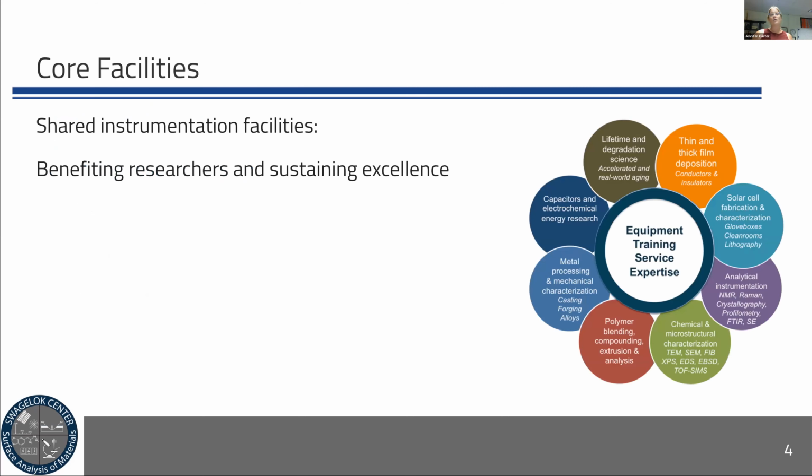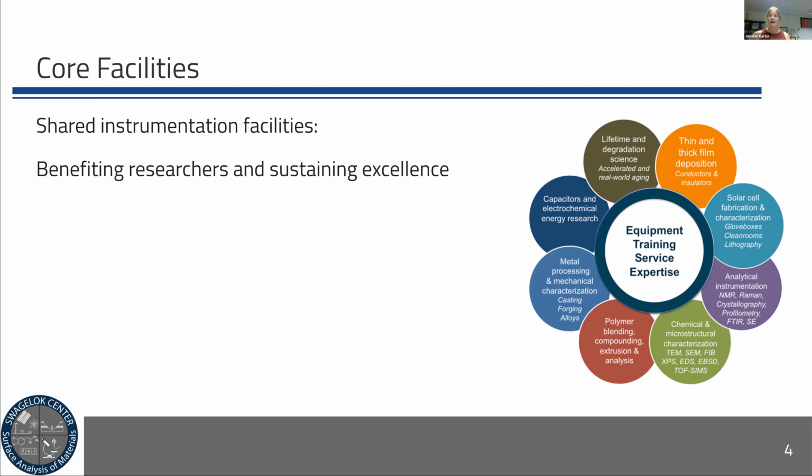So what are core facilities? Core facilities are shared instrument facilities across the school. They exist in the College of Arts and Sciences and the College of Engineering, as well as in the School of Medicine. The goal is that they benefit researchers across the university when we have instrumentation that has sufficiently more bandwidth than any one researcher can use in their own research.